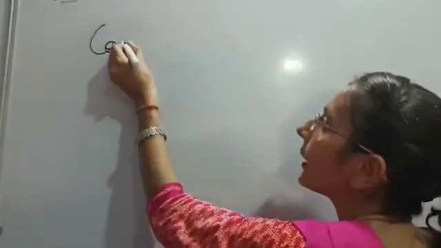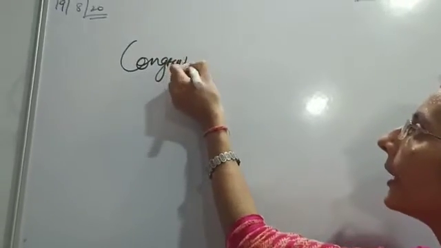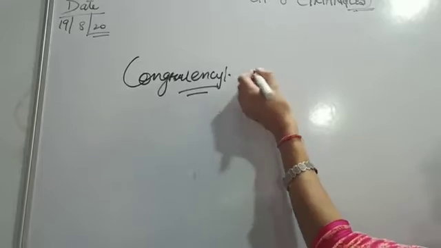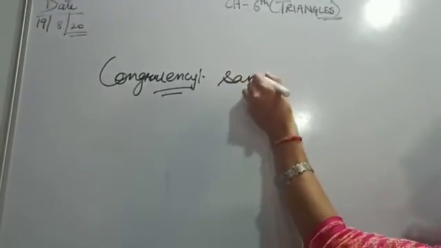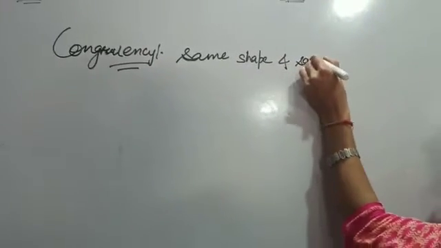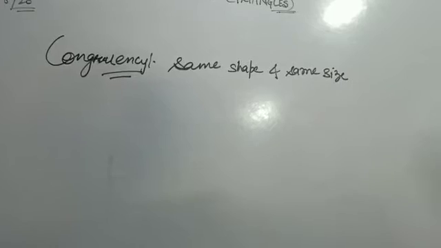In congruency, as we discussed in the previous class already, if two figures are of the same shape and same size, then we call them congruent figures.